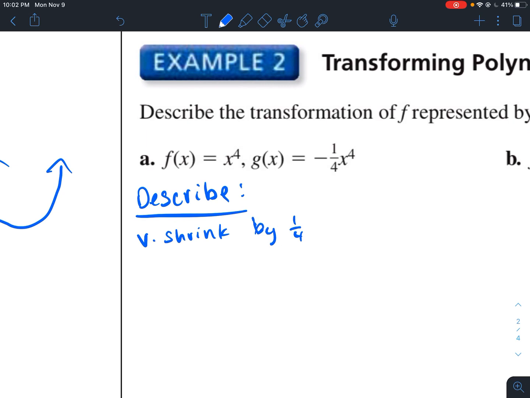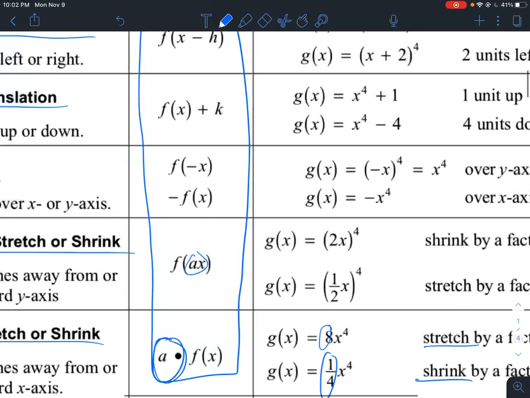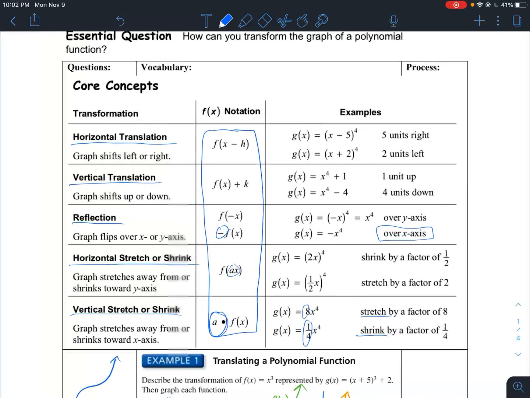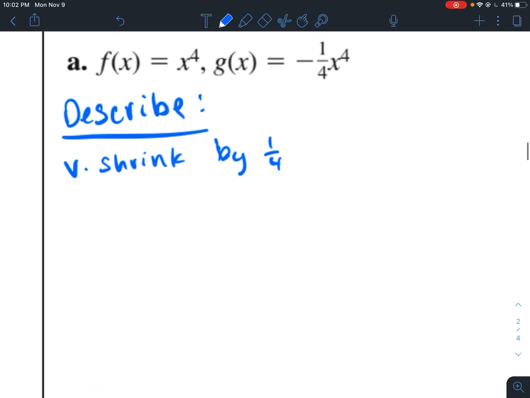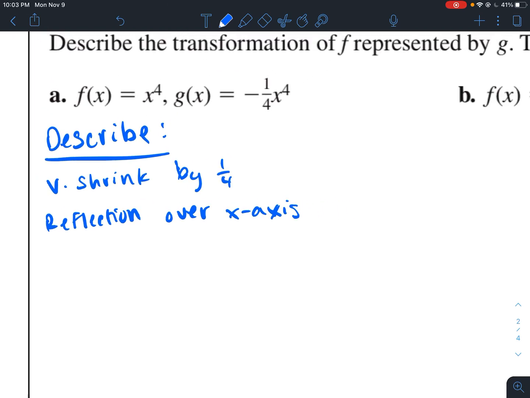And then if there's a negative on the outside, like right here, this is a reflection over the x-axis. So reflection over x-axis. And that's all we'll have there.